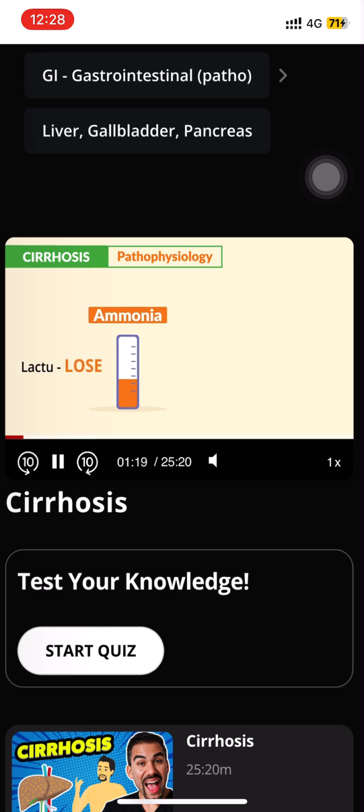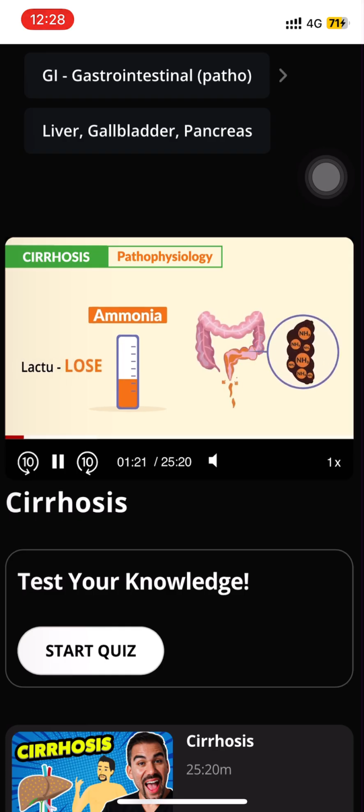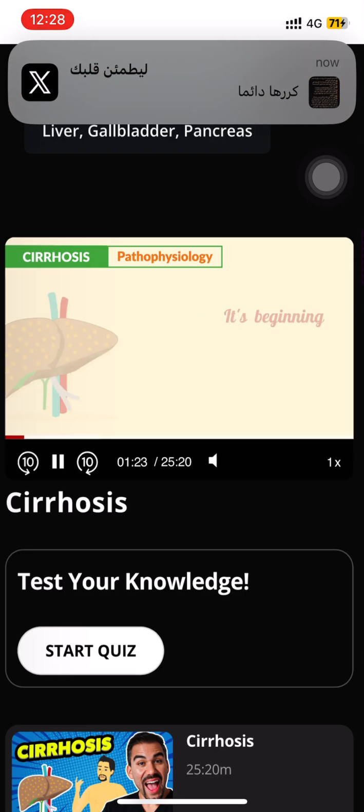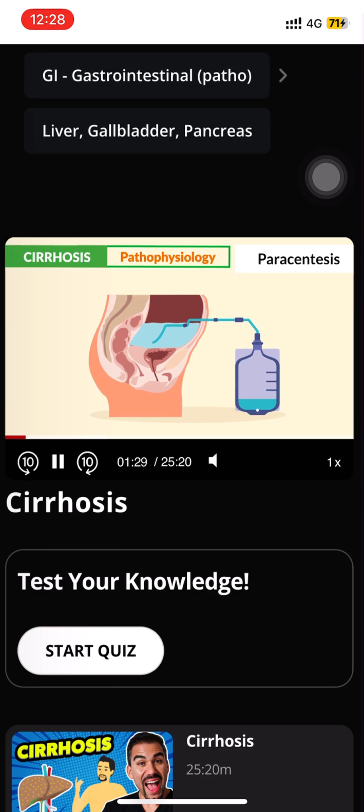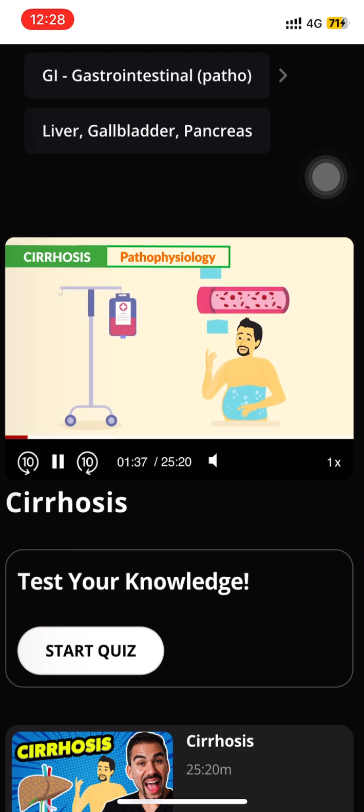Give lactulose to aid the excretion. It's beginning to look a lot like cirrhosis. Soon we'll do a paracentesis, drain the fluid from the abdomen, then give albumin, bring the fluid back into the vascular spaces.